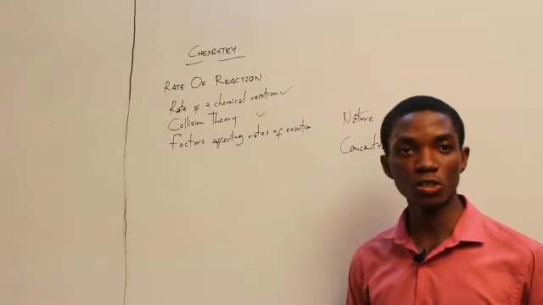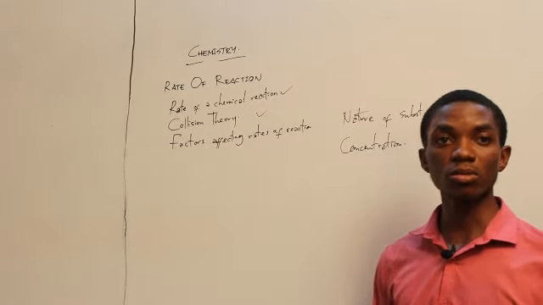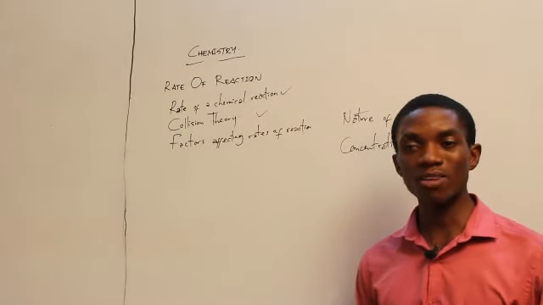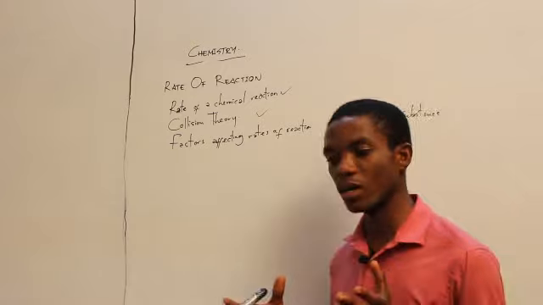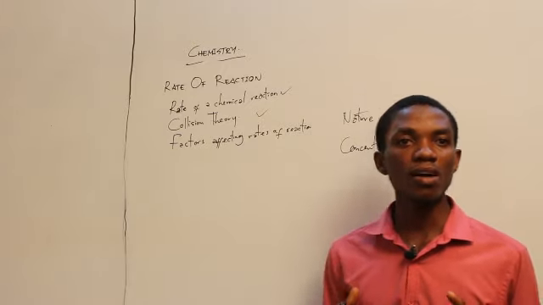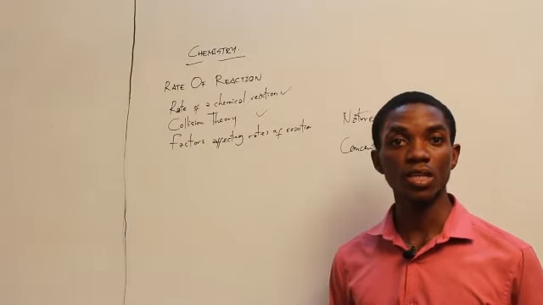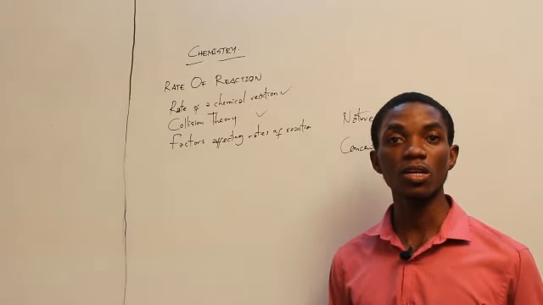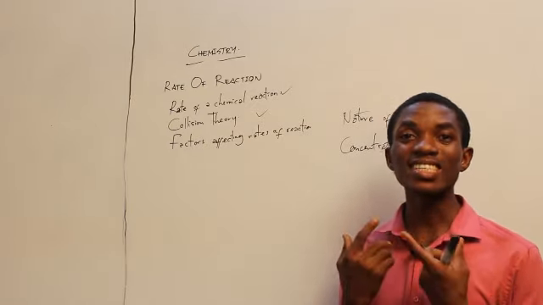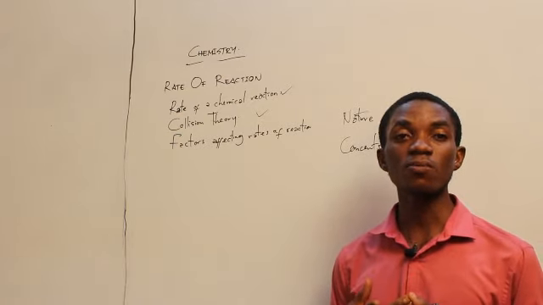The concentration of the substances. When we talk about concentration of the substances, if you have a bottle of Coke, you taste it, you put it in your mouth, and you take a dilute Coke and put it in your mouth, of course, the tastes won't be the same. The same way it works.